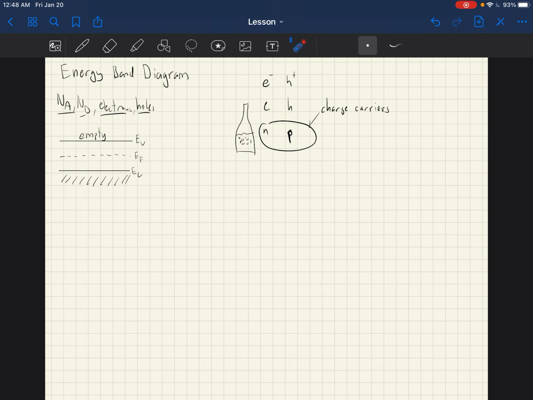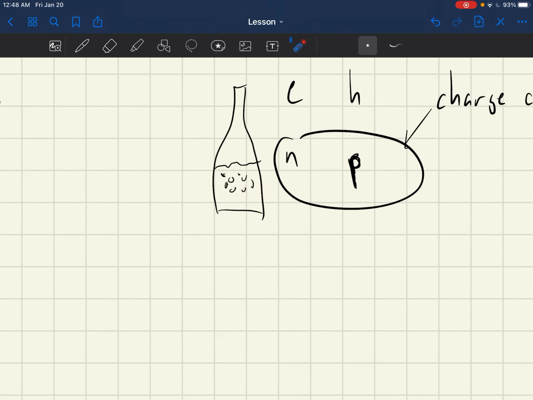It's kind of like a water bottle. So think of it this way: there's a water bottle filled with water and air. The water is the electrons, the holes are the air in this analogy. Look at the water bottle, and there's little bubbles inside of the water.